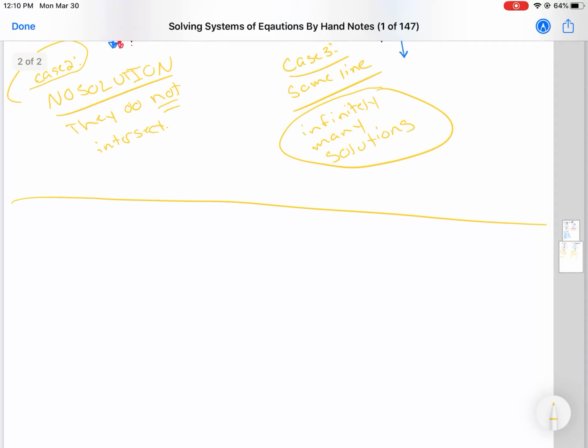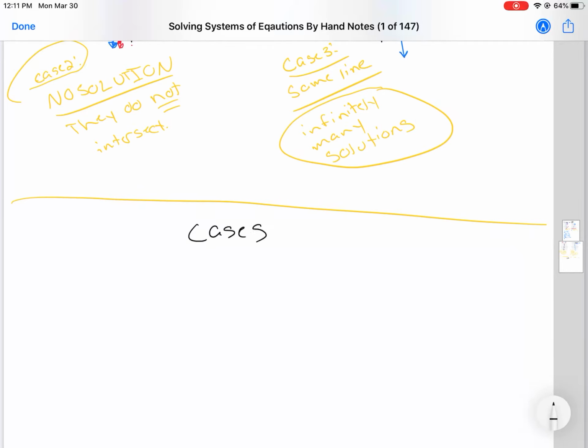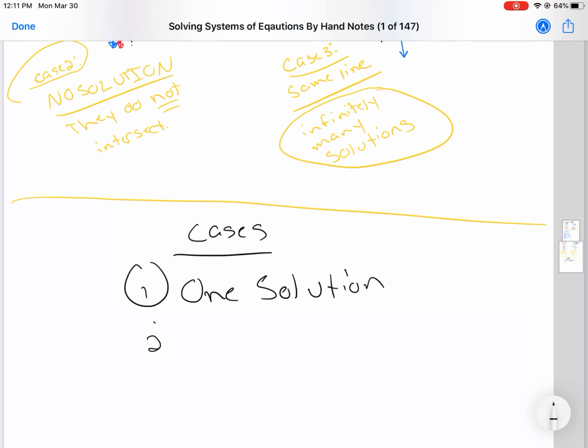So at the bottom here, I'm just going to sum up all the cases for us. So, let's see what we got. Cases. 1, we have one solution. That's our first case that we saw on numbers 1 and 2. One solution. 2, we have no solution. That means parallel lines.